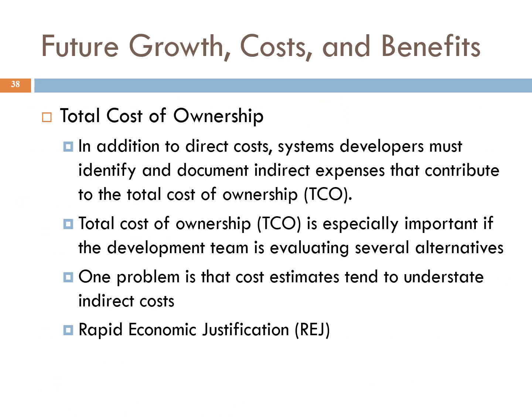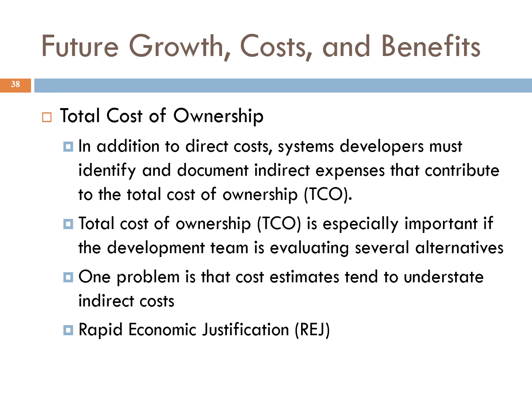TCO, or total cost of ownership, includes not only the direct costs, but also the indirect expenses or costs that contribute to TCO. TCO is very important if the development team is evaluating several alternatives.